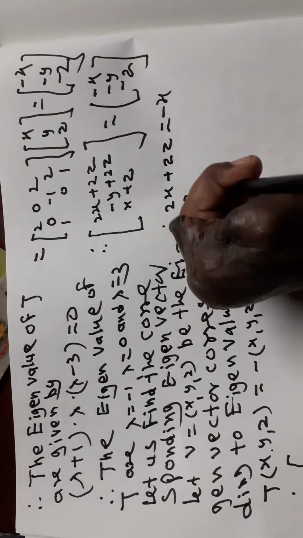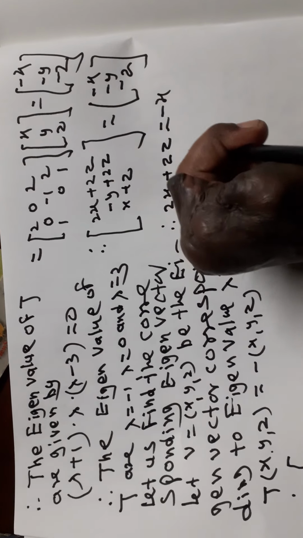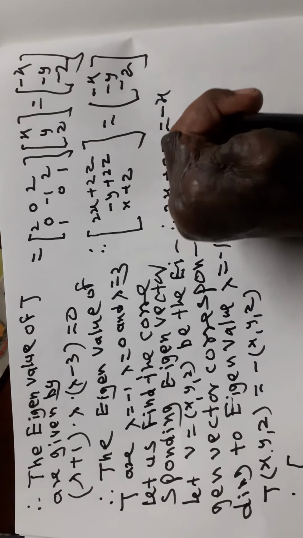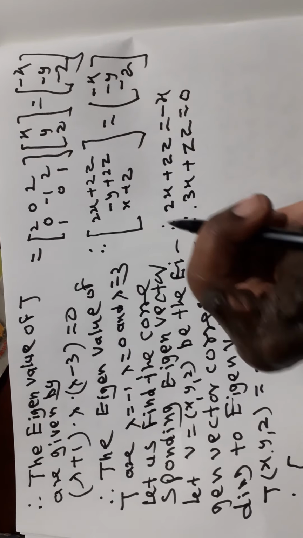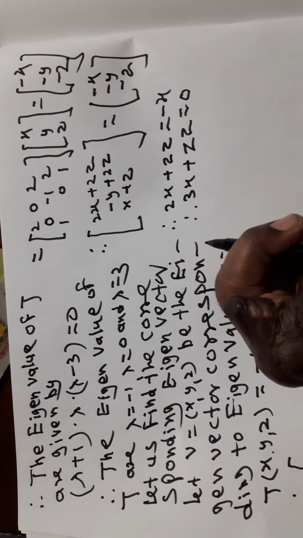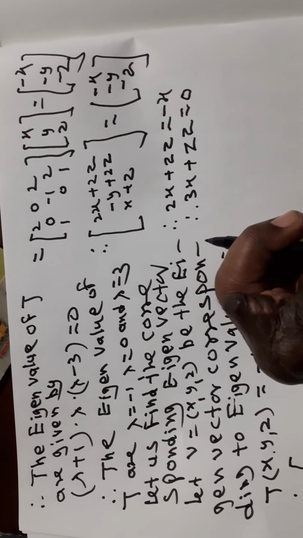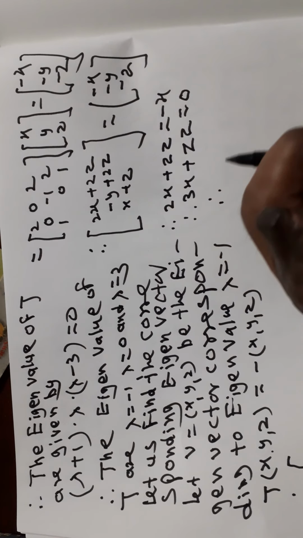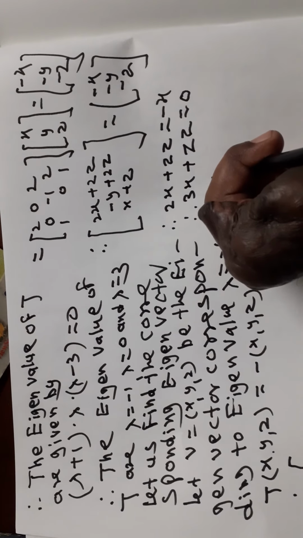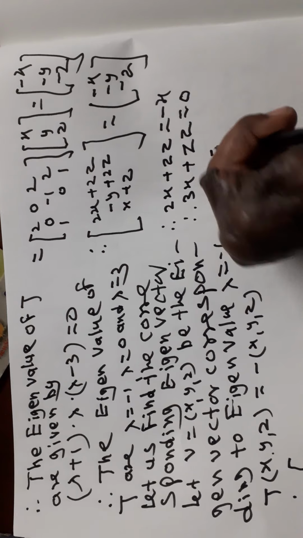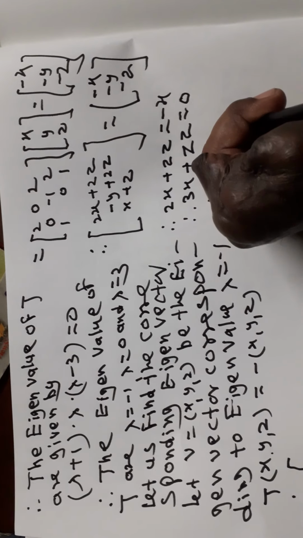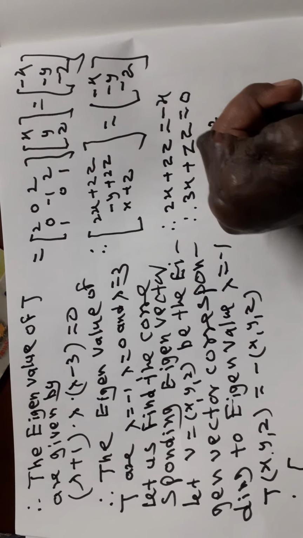Therefore, 3x plus 2z is equal to 0. Therefore, x is equal to minus 2 by 3 z.